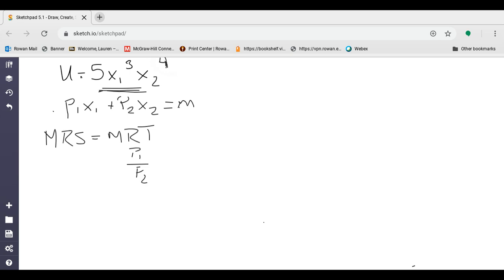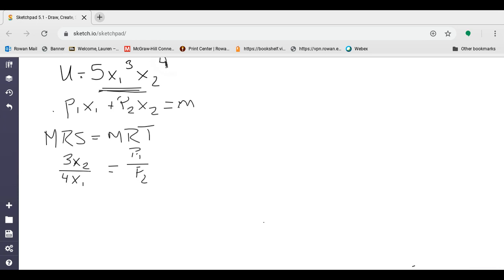So that part's easy. Now the MRS, remember you can use that Cobb-Douglas shortcut or trick. It's the first exponent and the second variable, x2. x2 is always going to be on top, over the second exponent times x1. So we have 3x2 over 4x1 equals P1 over P2.